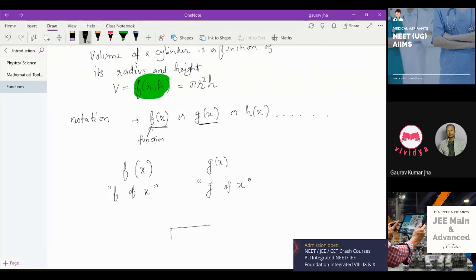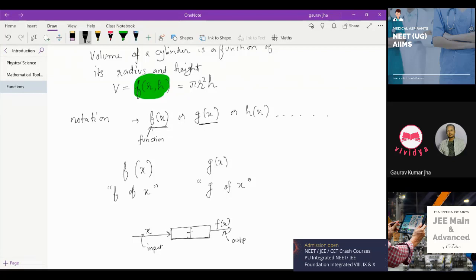A function is like a program where you input something, what you input is x, and what you get out of it is f of x. Input is x and output is the value of the function.